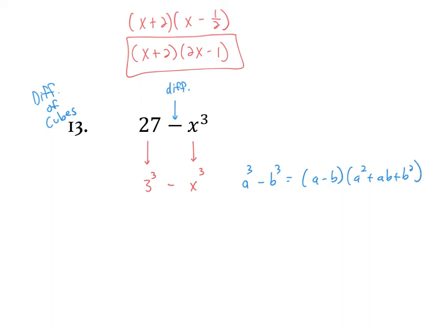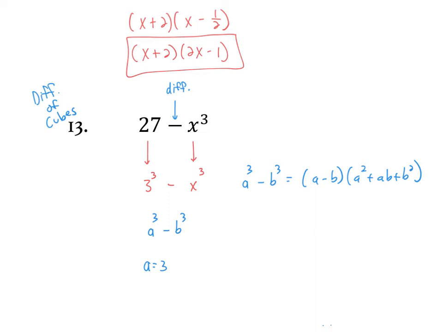Okay, so now you just have to figure out what's a and b. The way to do it is to compare it to the left-hand side. You can see the first thing being cubed here is a. Both of these are something cubed, so a is 3.